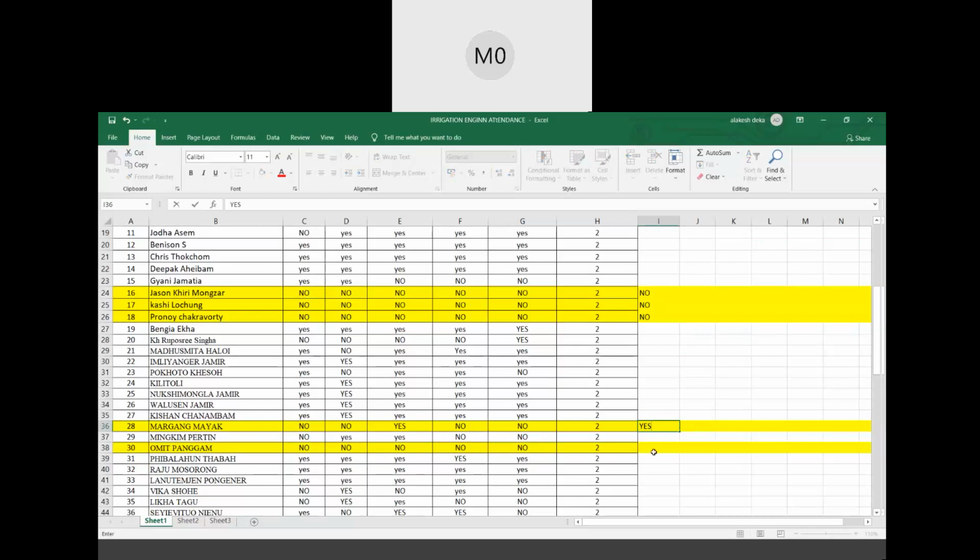Yes, ma'am. Omit Pangak, he is always absent. But he has given sessional exams and scored good marks also. I don't know how. His attendance is totally zero.